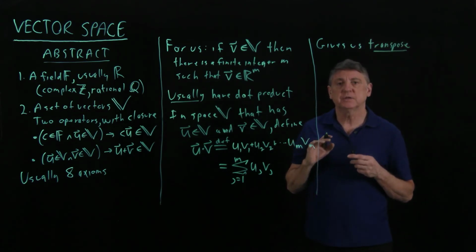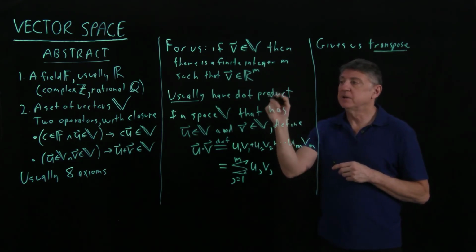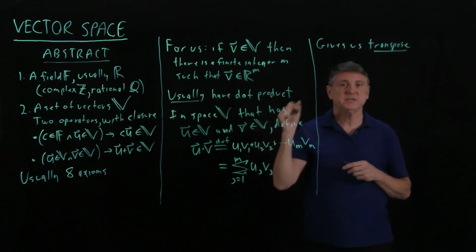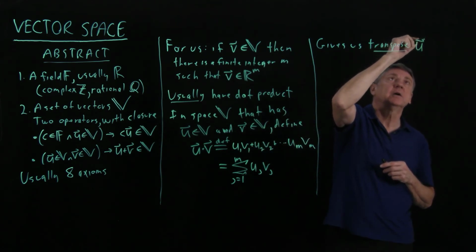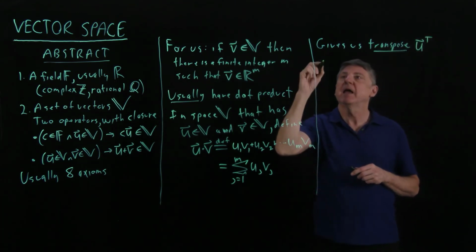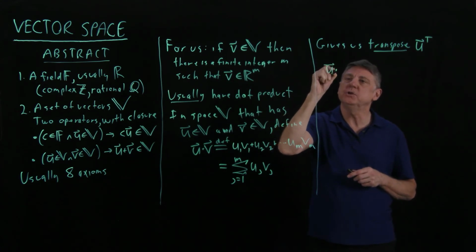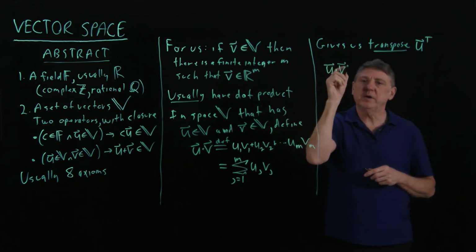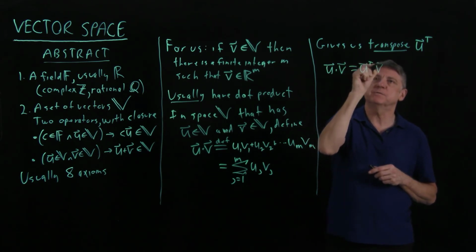And it turns out that mathematically what you have to do is we usually define a dot product and then we can define a transpose. And so once we have a dot product, we also have a transpose that we can write this way. And what we have is that u dot v, we can write that as u transpose v.